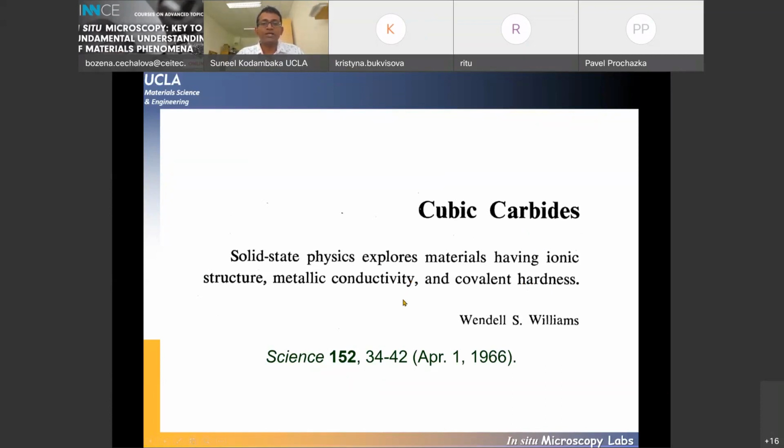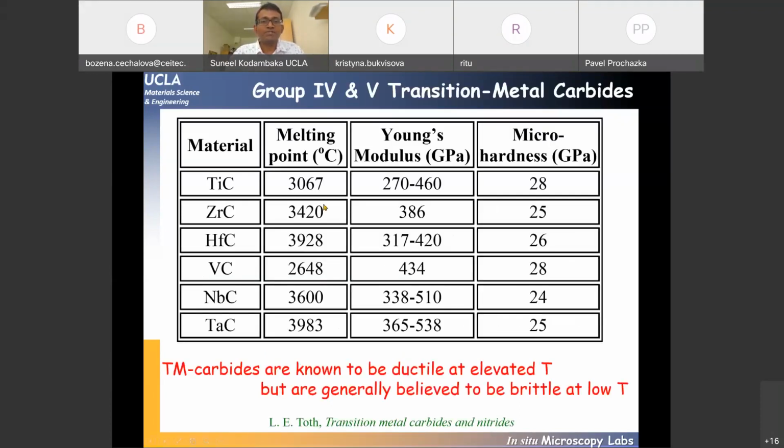Okay, so it's a nice blend of metallic character and ceramic properties, and that makes them very attractive for a variety of applications. In terms of melting points and mechanical properties, transition metal carbides stand out among all other types of materials. In fact, the hafnium carbide and tantalum carbide alloys are supposed to have the highest melting points among all types of materials.